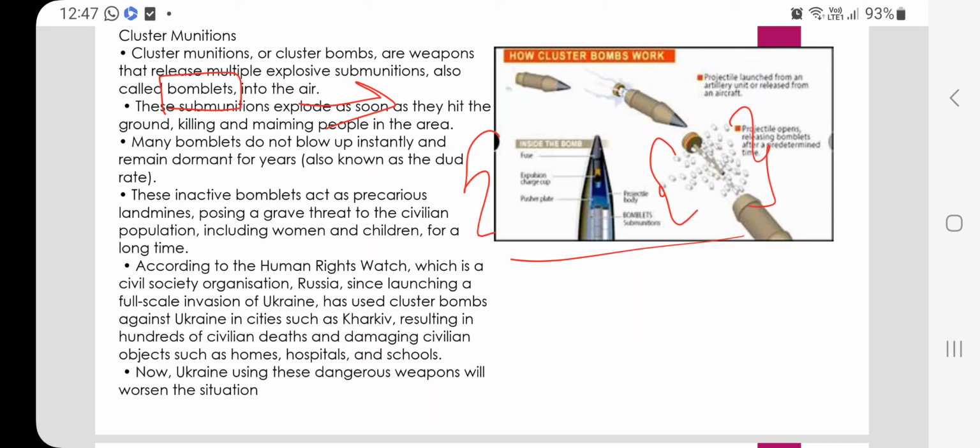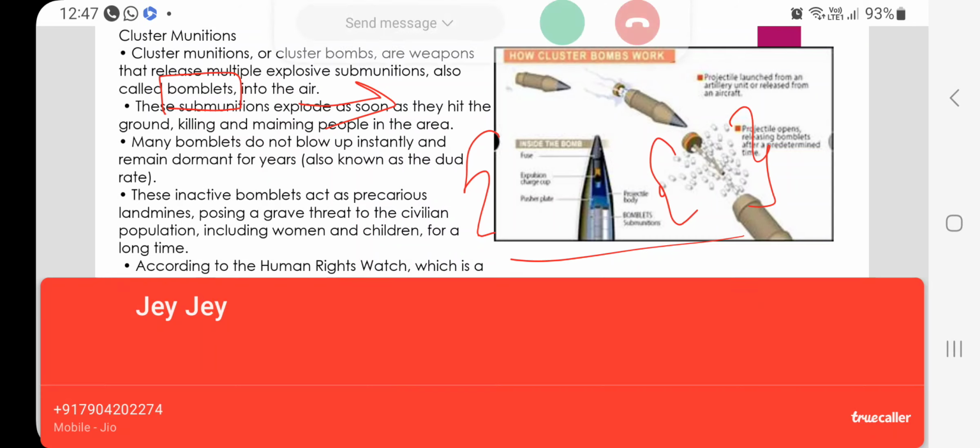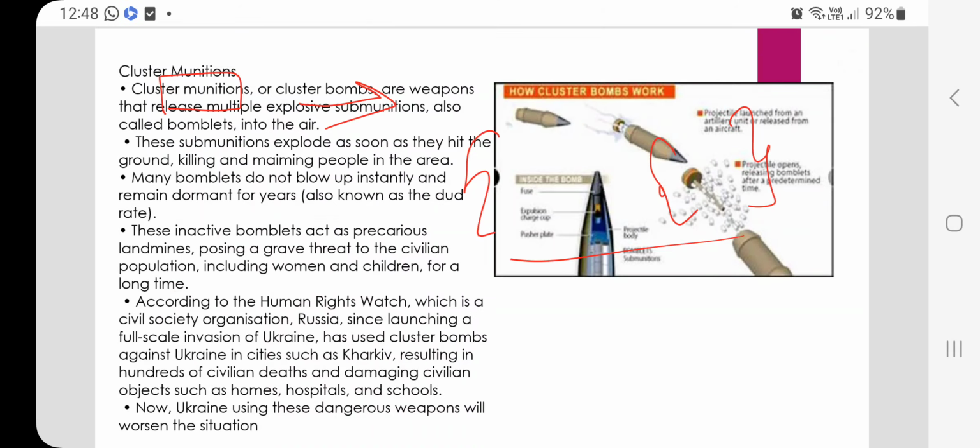The cluster bomb contains about 200 explosive submunitions, which are released and spread out over a large area. This kind of releasing of bombs over an entire area is also called carpet bombing, because the multiple explosive submunitions spread out over large areas.